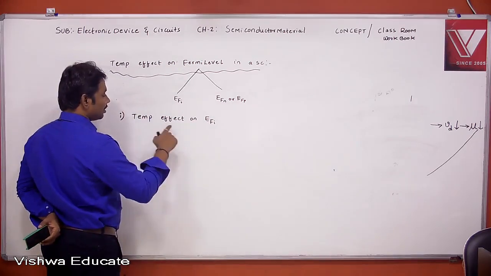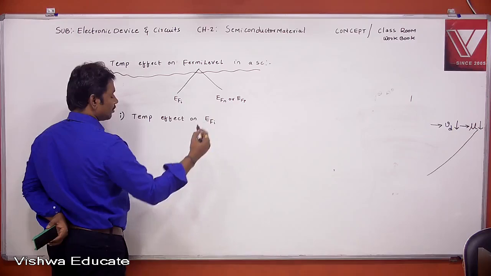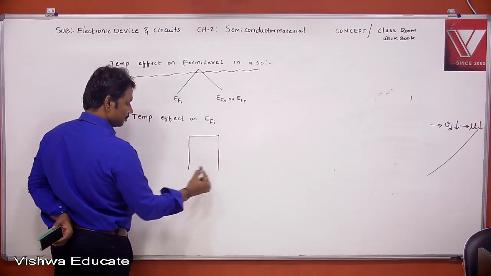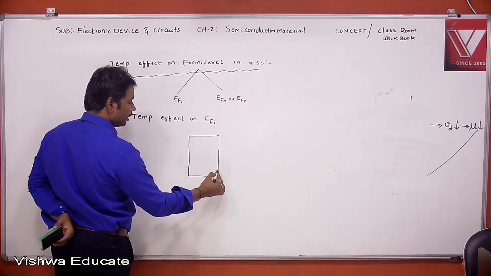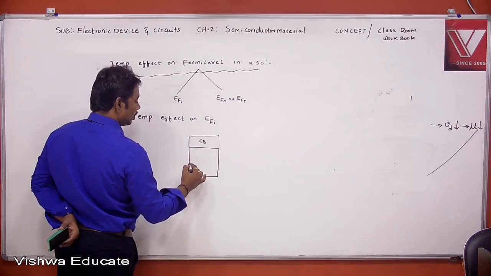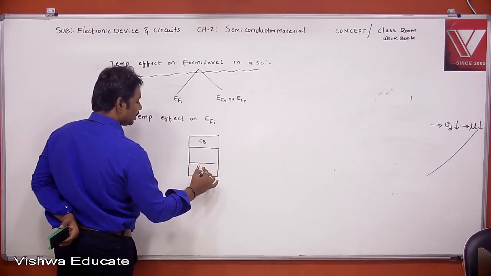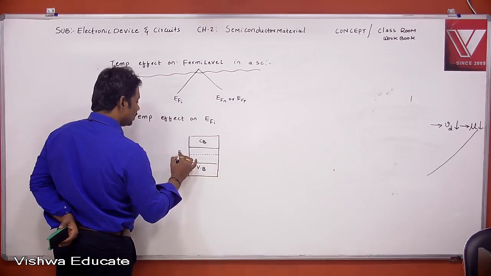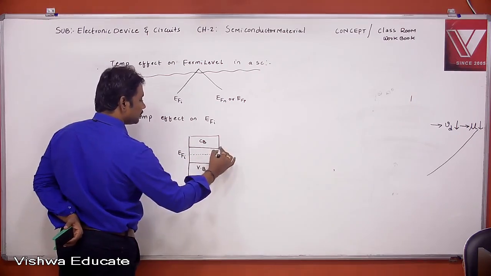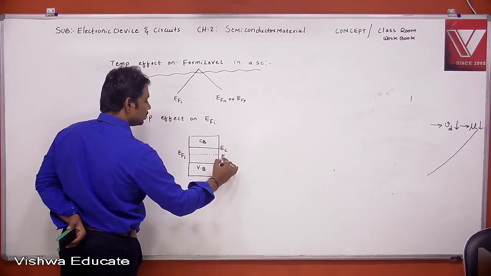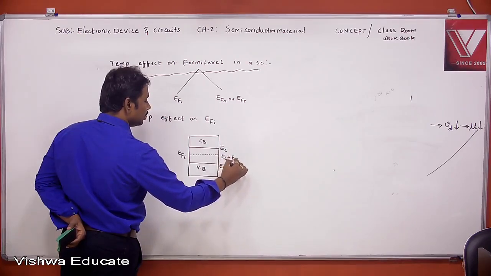Before going to the temperature effect on the intrinsic Fermi level, tell me, in case of an intrinsic semiconductor, where does the Fermi level lie? Very good. In an intrinsic semiconductor, the Fermi level lies exactly in the middle of the band gap. This is EC, this is EV, middle means EC plus EV by 2.